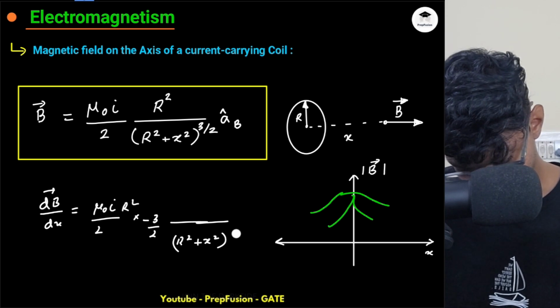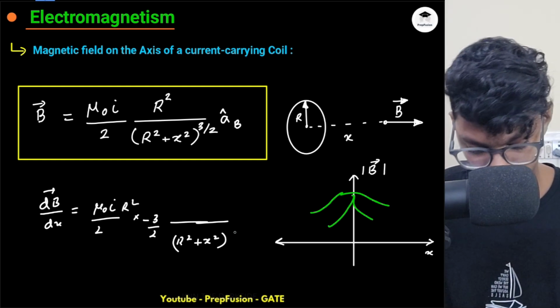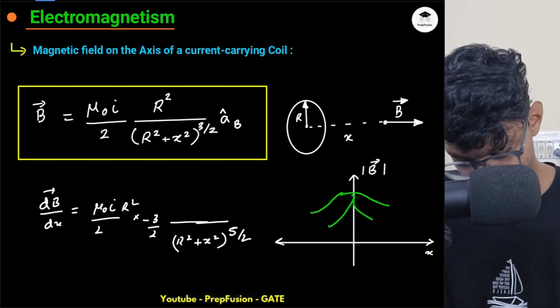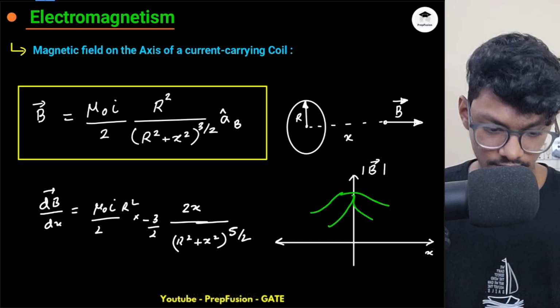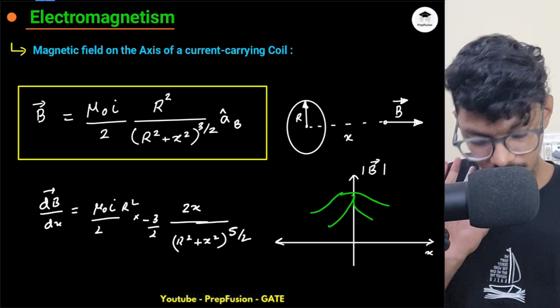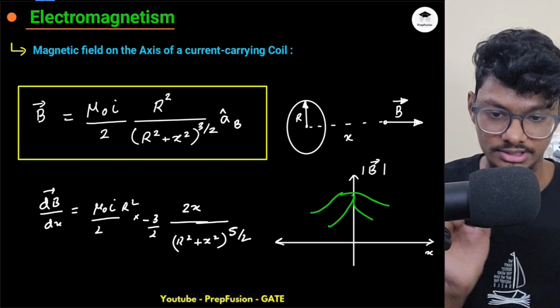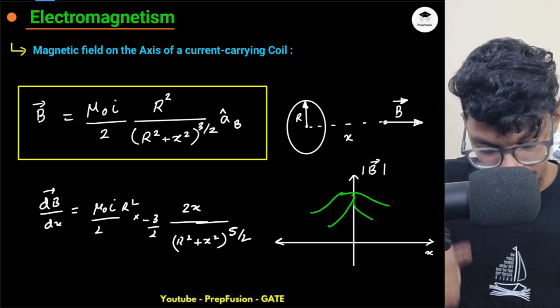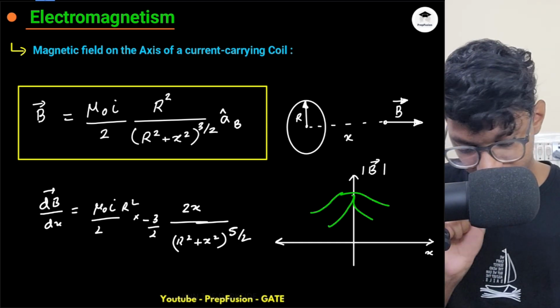Actually, a bit of mistake I have done. This will be n minus 1, so this will be 5 by 2, and inside I have to differentiate, chain rule, 2x. Correct? So this will be the simple differentiation of this. Now the important point that you have to understand is, if I put x equals to 0, what am I getting?